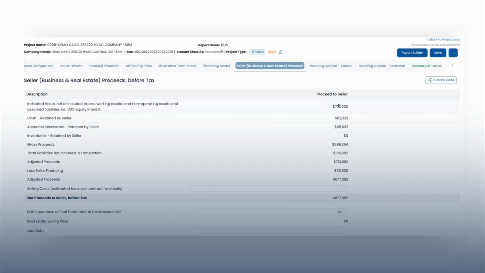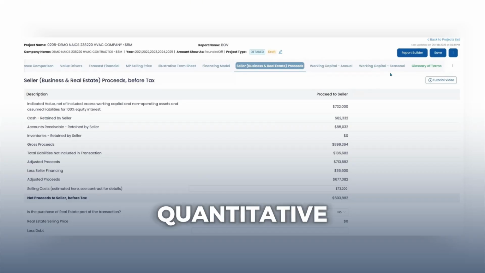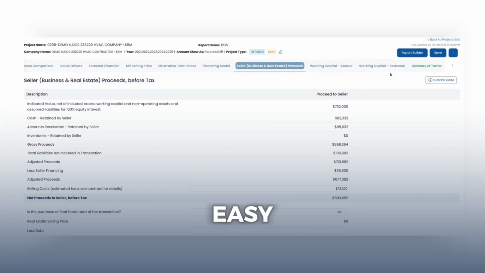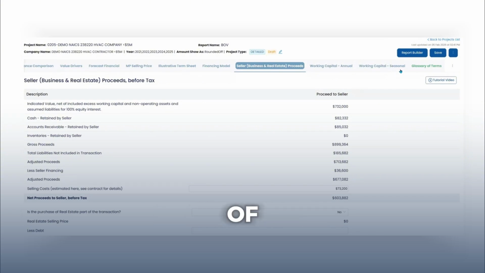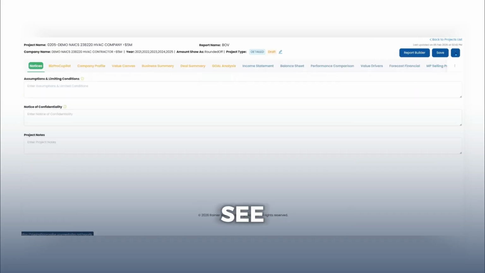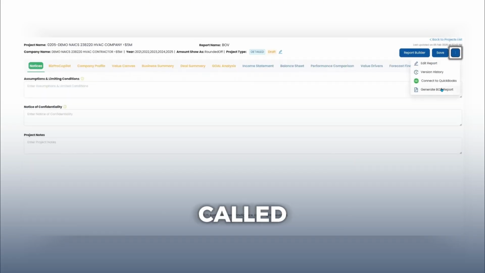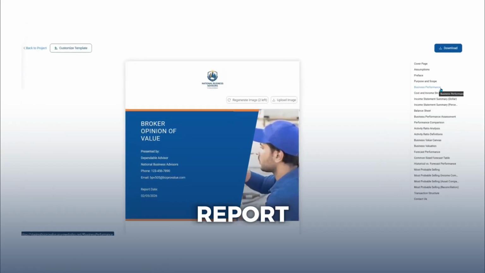All right, so now we found an easy way to enter quantitative information. We have an easy way to enter narrative information. And now let's close with an easy way to produce a broker opinion of value. You'll see a button called Generate BOV Report.